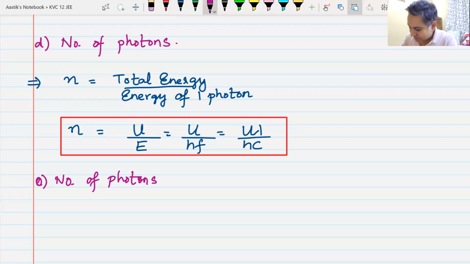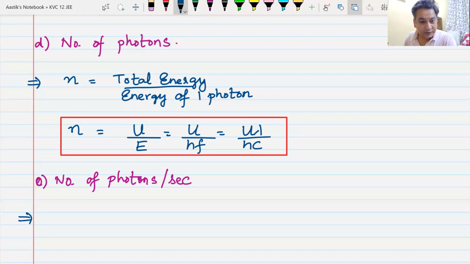Number of photons emitted or ejected per second. Now, many a time, instead of finding the number of photons falling on a body, they might ask you the number of photons falling per second. How do you find it out?